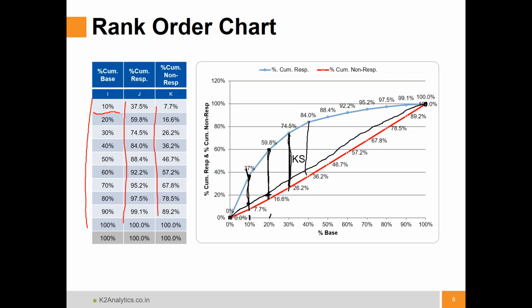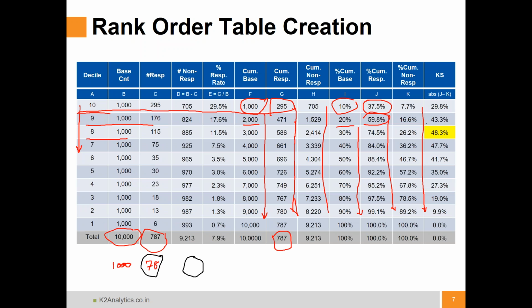It is a measure of how good the model is separating the good from the bad. And it is one of the most important statistics.